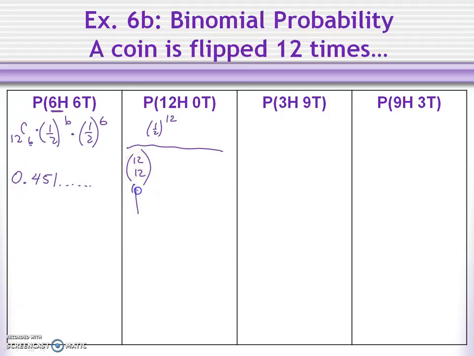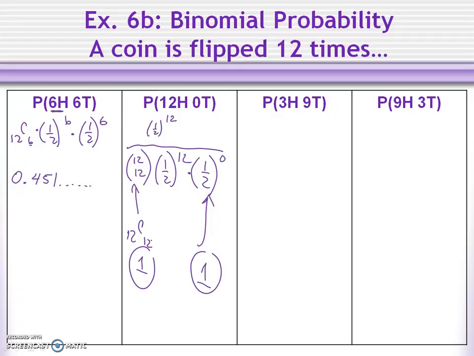This means the same thing as 12c12, which is 1, by the way. And then you get the probability of getting heads to the 12th power, which is the same as we have here. And the probability of getting tails to the 0th power, which, by the way, is 1. So this whole expression simplifies to the same as this.